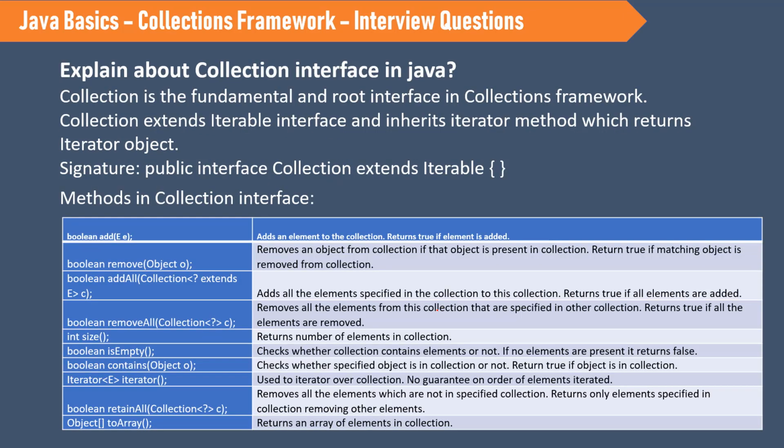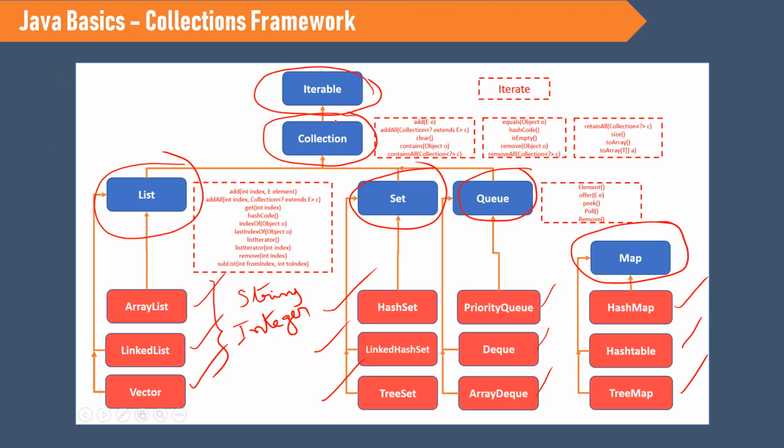So what is collection interface in Java? If you see this, the collection interface is the root interface in Java, and it extends the iterable interface. Using this interface, some other interfaces were developed, which are list, set and queue.